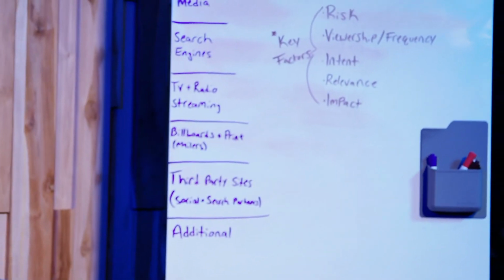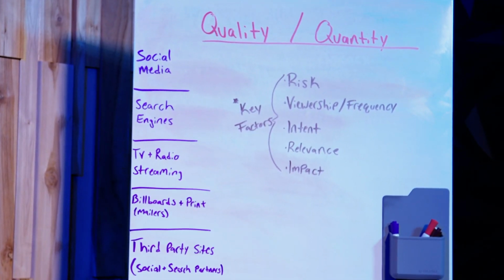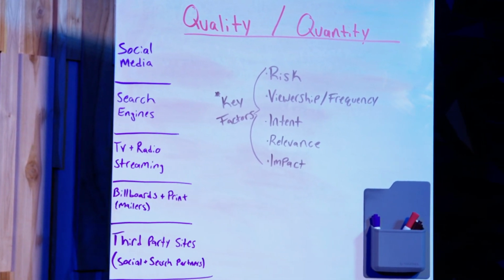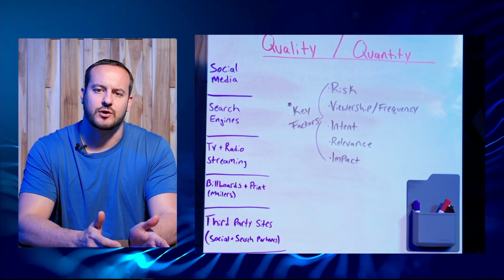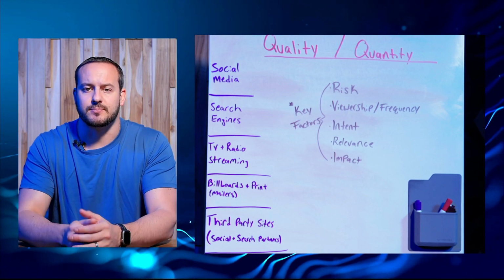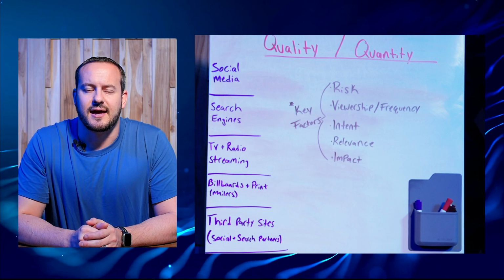With those 5 different things, I'll go over one more time, those 5 different key factors: risk, viewership, intent, relevance, and impact. Those key factors should help you understand what platforms are best for you, where you should place your advertising budget, how you should place your advertising budget, and why you should do it.